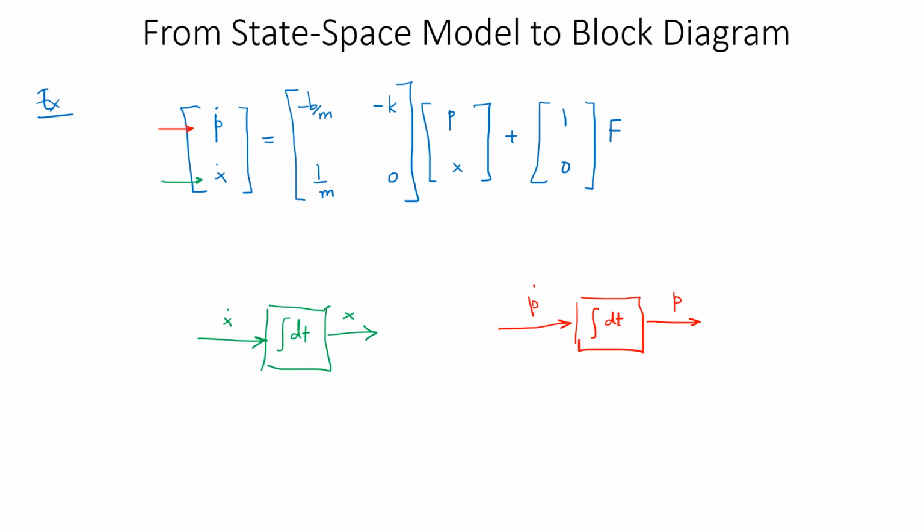So that would mean that I need P from here. So I can have a takeaway point, multiply with B over M over here, and then I can provide that in a summing junction with a negative sign over here. So this is going to be, in that particular sense, B over M multiplied with P over there.